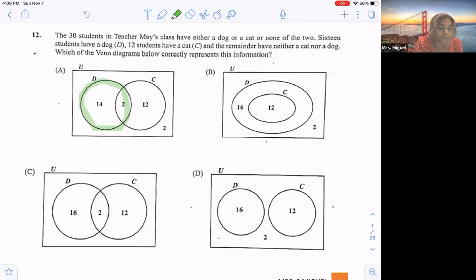In option B, the circle representing dog is also 16. So that could be one of our options. But in C, the circle representing dog represents 18, 16 plus 2. But they told us only 16 students have a dog. So right away, we can remove C as our option.